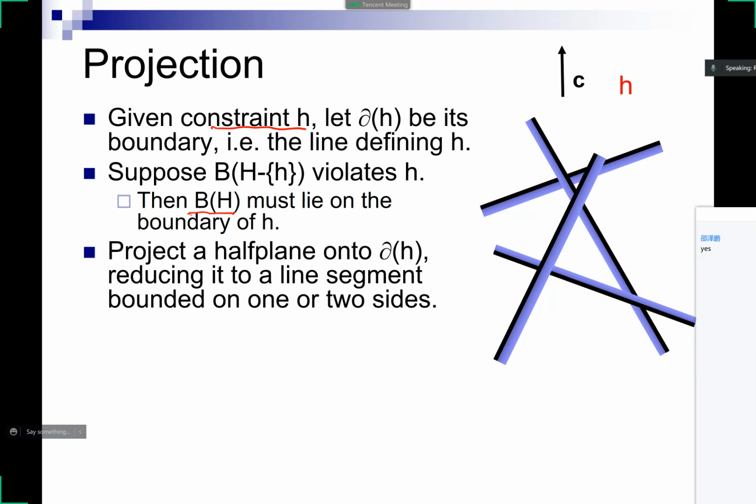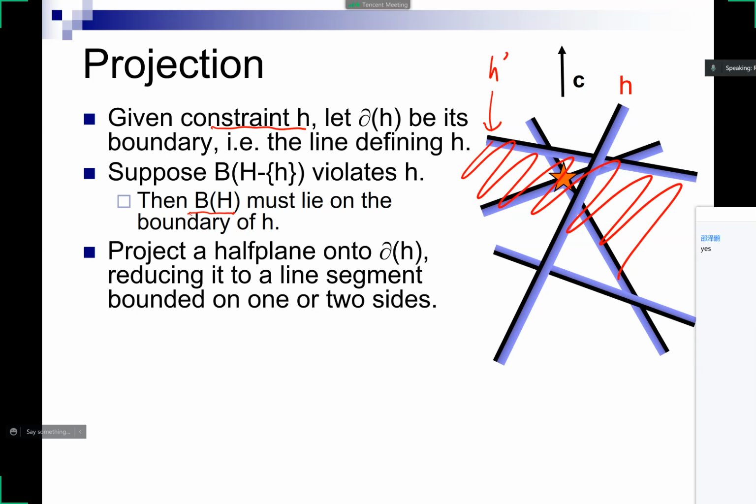In particular, for example, let's take this constraint and project it onto the boundary of h. Let's call this h prime here. H prime says all of the points have to lie on this side. By project, I mean that we're going to combine this H prime constraint with the H constraint.